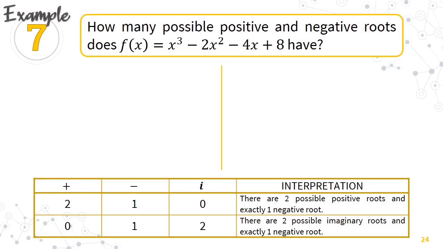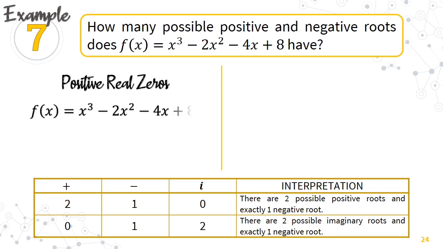For example, how many possible positive and negative roots does f of x equals x cubed minus 2x squared minus 4x plus 8 have? For the positive real zeros, we will look at the change in sign of each term of f of x.